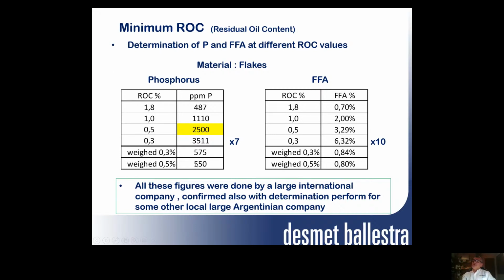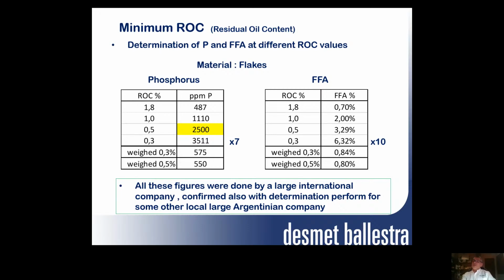We have 550 and 575 when we go up to 0.3. You can see that here it's something like 7 times the amount of phosphorus, and about 9 or 10 times the amount in free fatty acids.